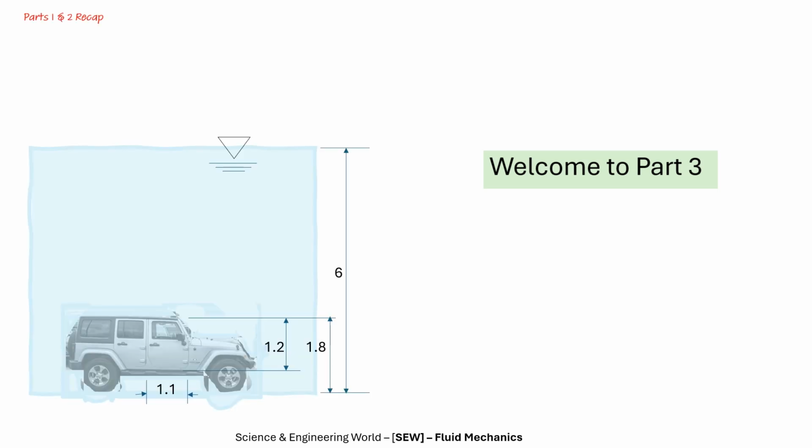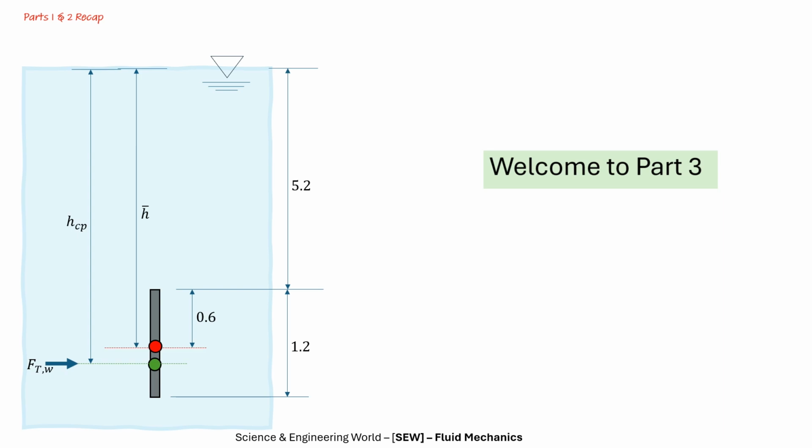We'll do a quick recap of part 1 and part 2. Here we saw the car at the bottom of the lake, and then we were able to calculate or establish some forces acting on the door. And we saw that the water was exerting a pressure force of 77 kilonewton on the door.